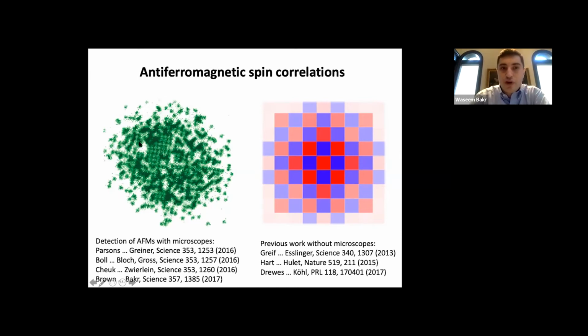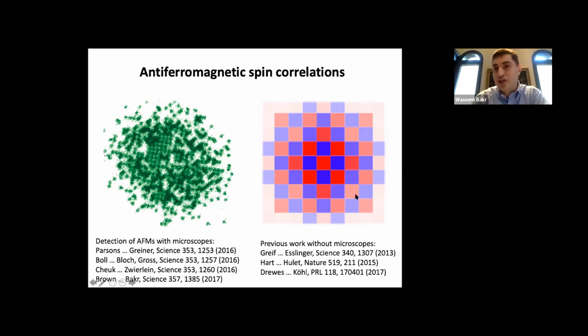So this is what a single snapshot looks like, but then you can take many of these snapshots, say 100 or so, and then extract from there a spin correlation function. So that's what you see on the right here. So basically, this is telling you, if this is the central spin here and I had another spin here, it's anti-aligned, while this diagonal spin is aligned in an anti-ferromagnet.